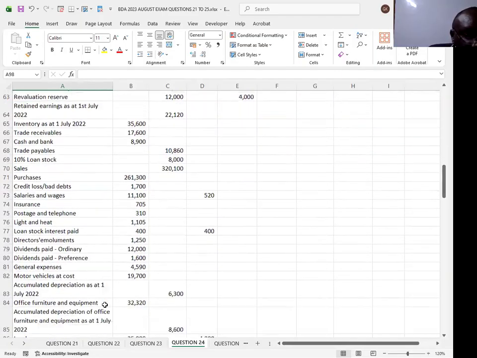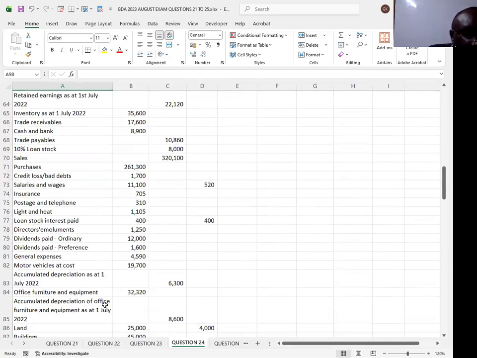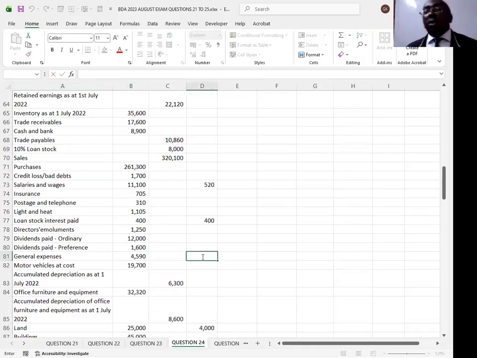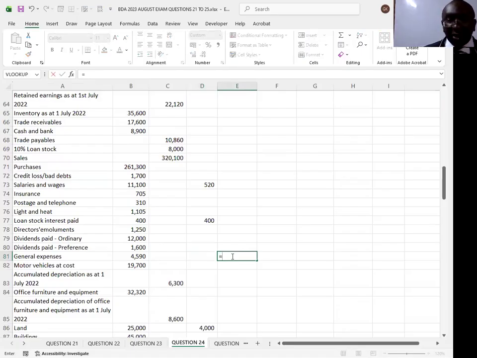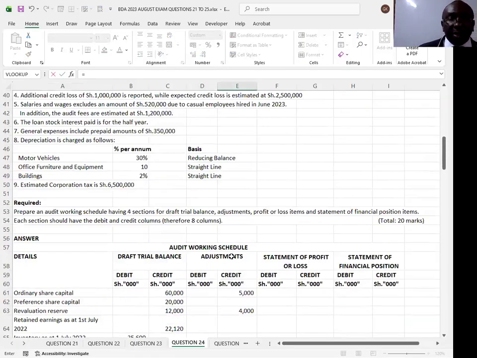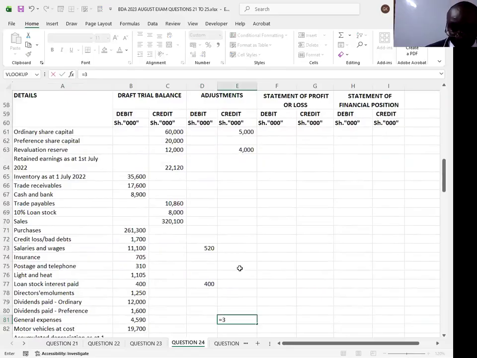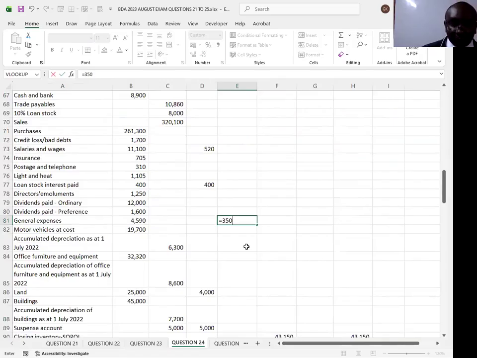Iko wapi general expenses? Let me see. Nimeiona ndio hii. So to reduce it, we will have to credit. So I will say equals 350. So you credit this one, ndio ipungue.